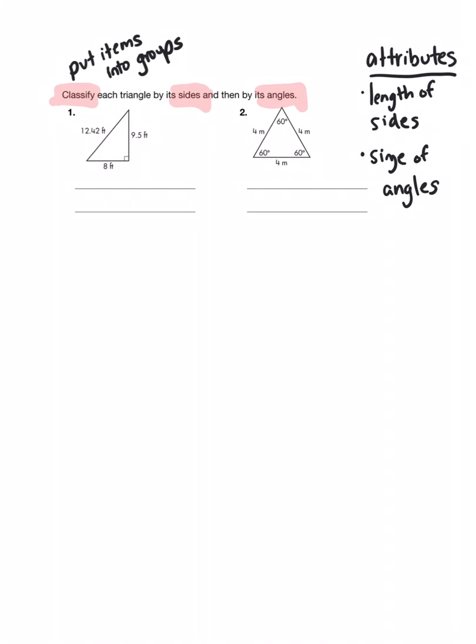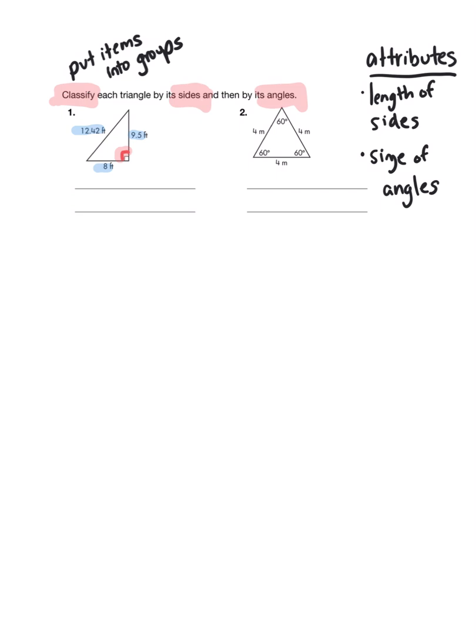Okay, let's look at question 1. I can see that this triangle has one right angle, and that's indicated by this little box that they drew inside the angle that I marked in red. So that's one right angle. In addition, they've recorded the length of each side, 8 feet, 9.5 feet, and 12.42 feet.